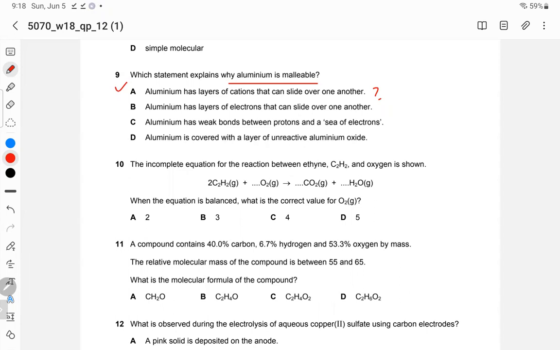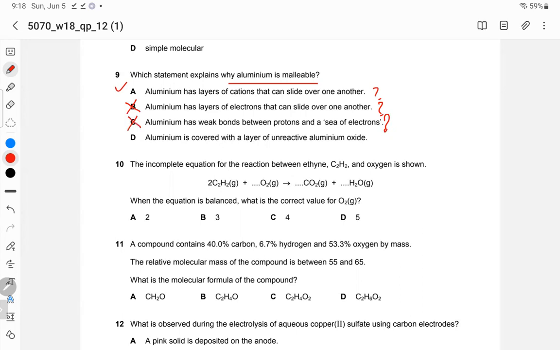Aluminium has layers of electrons that can slide over one another. This statement is completely wrong. Electrons are not in layers, they are continuously moving. They are mobile. Aluminium has weak bonds between protons and a sea of electrons. No. It's a metallic bond, and a metallic bond is strong, so C goes wrong as well.